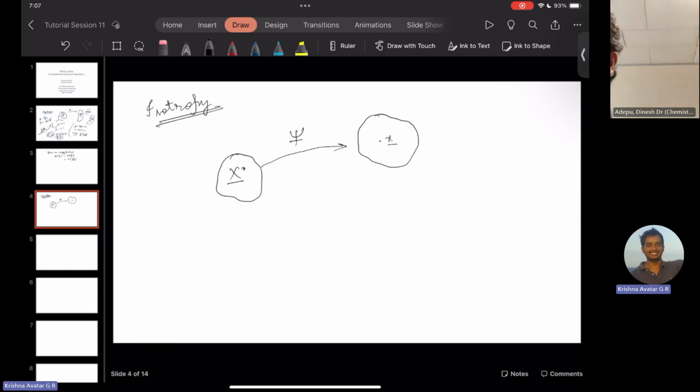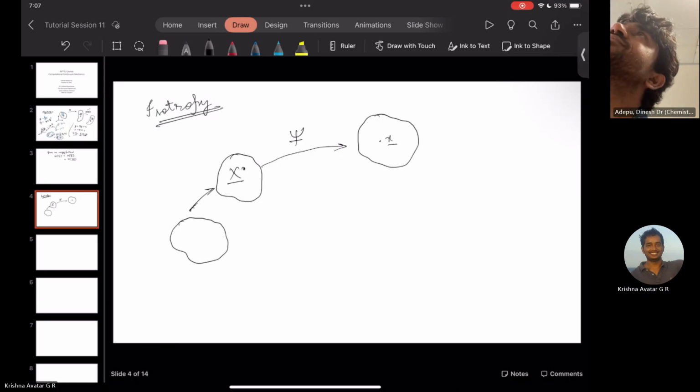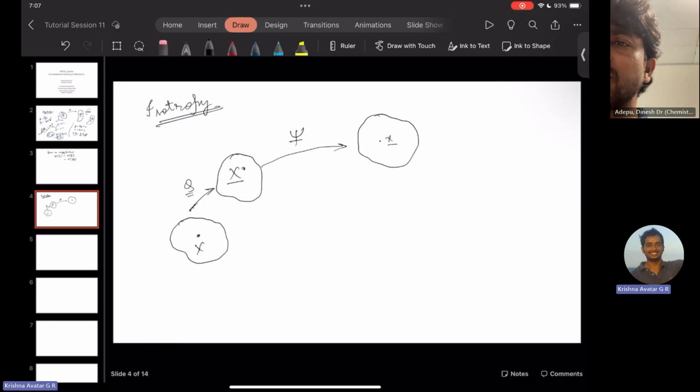Under isotropy, what is said is, suppose you have a fictitious configuration, in the sense that the initial configuration itself came from some other deformation, which is just a pure rotation. I'll call this capital X tilde.